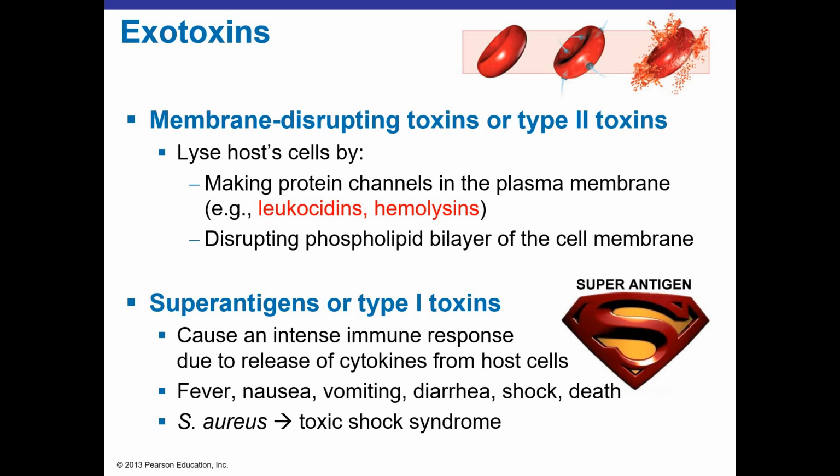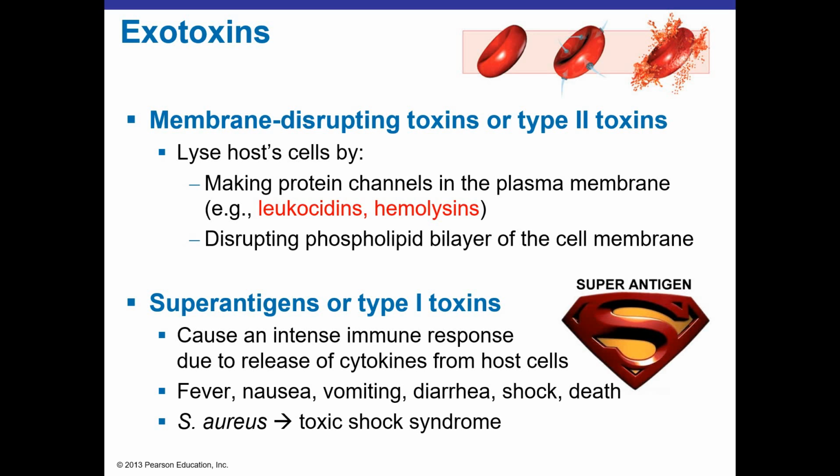The type 1 toxins, or superantigens, are kind of the most bizarre of the exotoxins. These cause a very intense immune response where the immune system releases a whole lot of inflammatory cytokines. You get what's referred to as a cytokine storm. It causes fever, nausea, vomiting, and diarrhea very quickly.